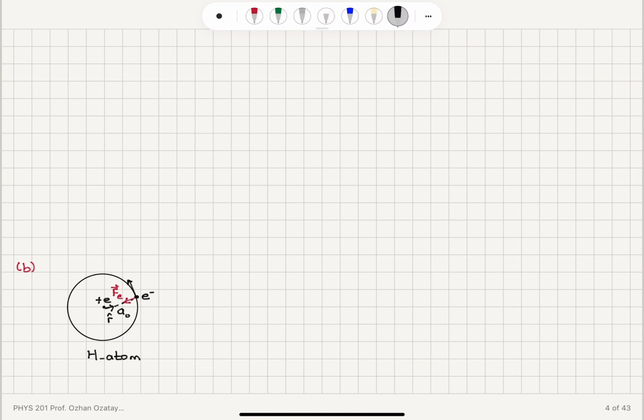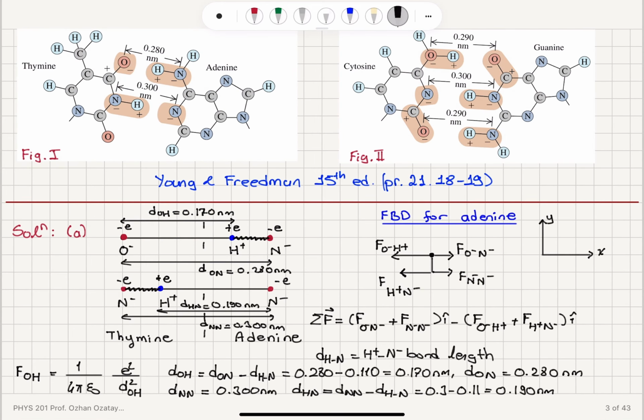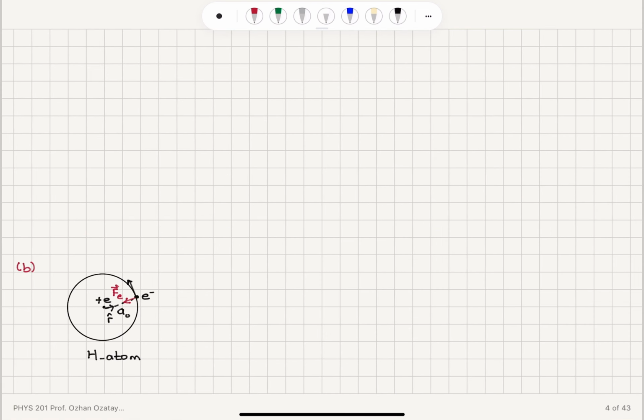All right. Now we can calculate the individual forces. So the first one I have written is between oxygen and hydrogen. So that is 1 over 4 pi epsilon 0, e squared over D_OH squared. That is the force that develops here. And then I have the force between oxygen and nitrogen.